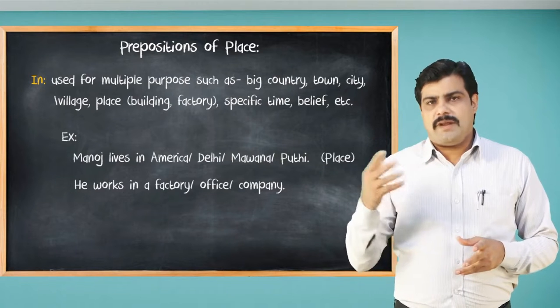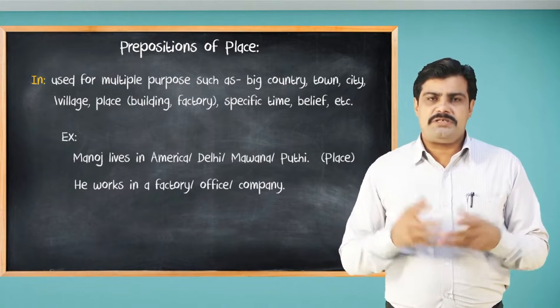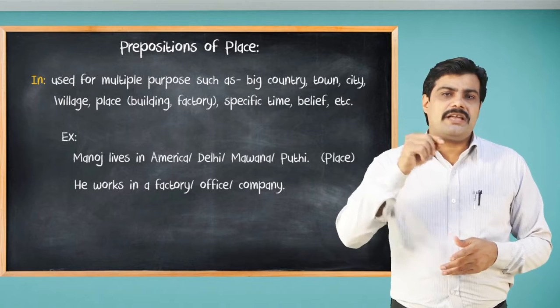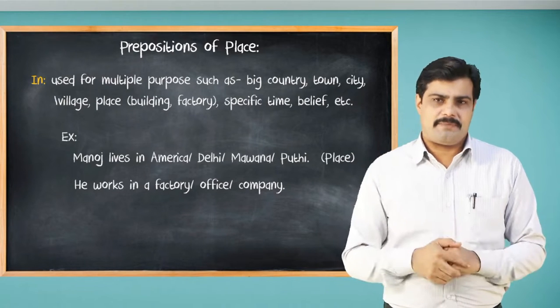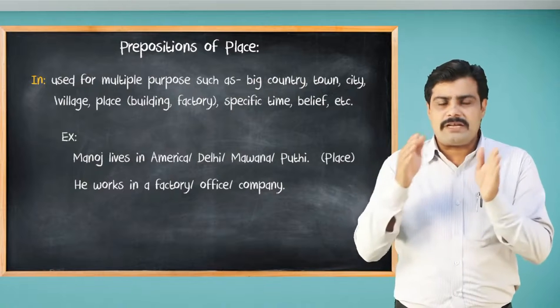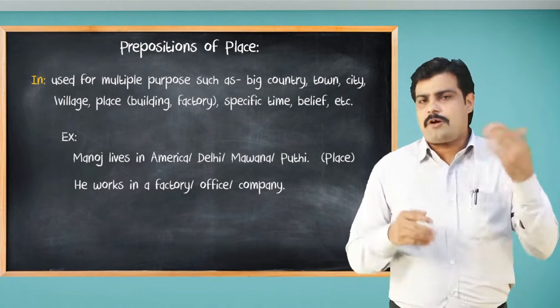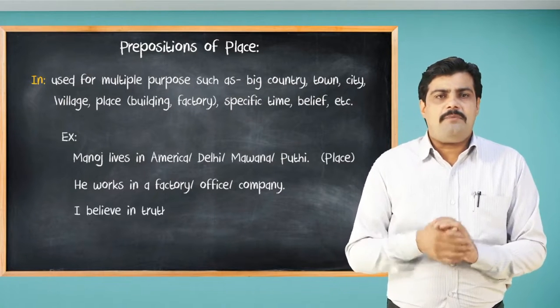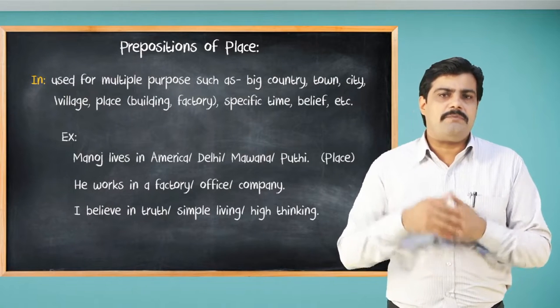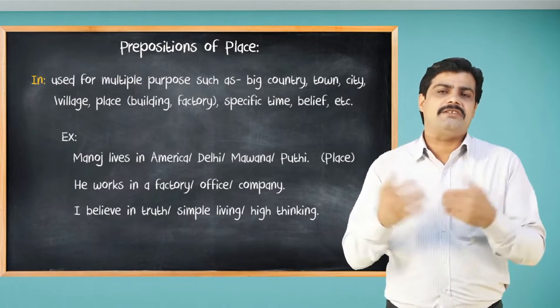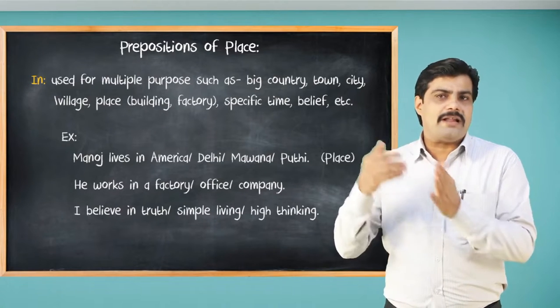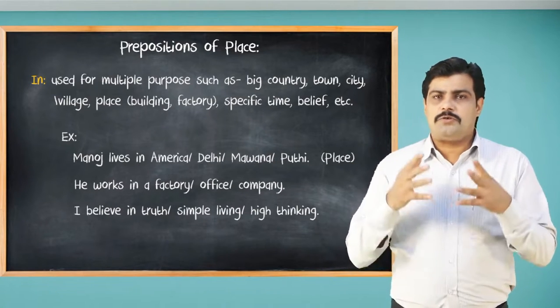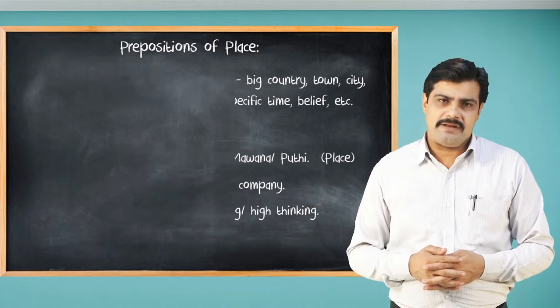For example, for place we can use the preposition like he works in a factory, in an office, in a company. So here the place of work is given. Now coming to another, I believe in truth, simple living, high thinking, etc. So here for belief, views and thinking, we also use the preposition in.